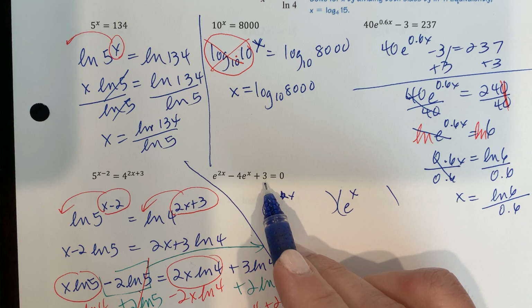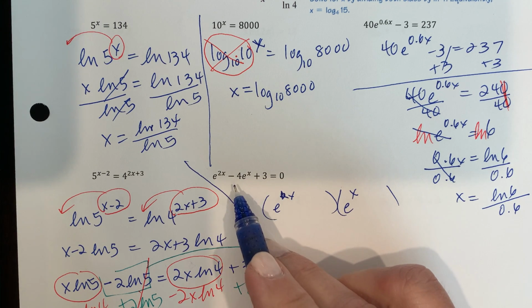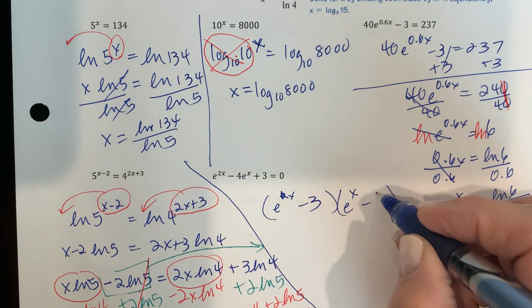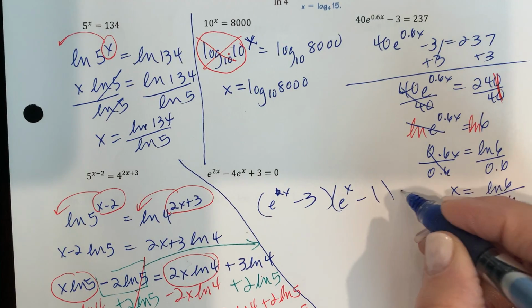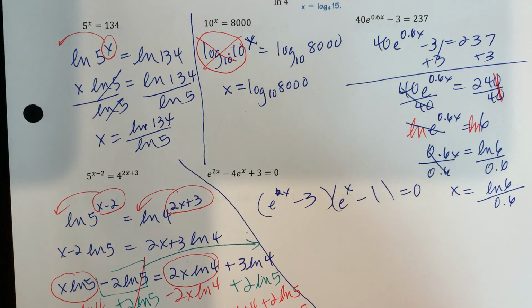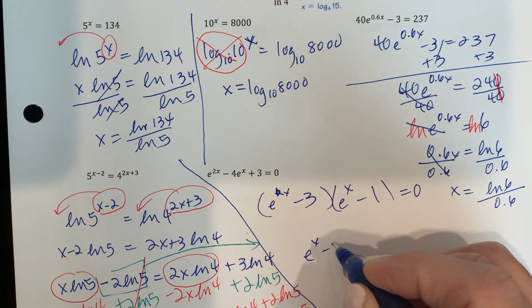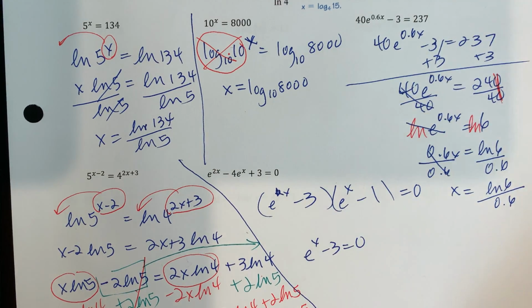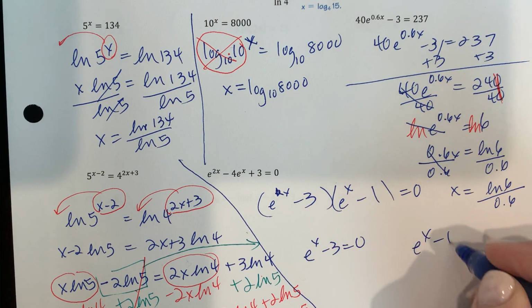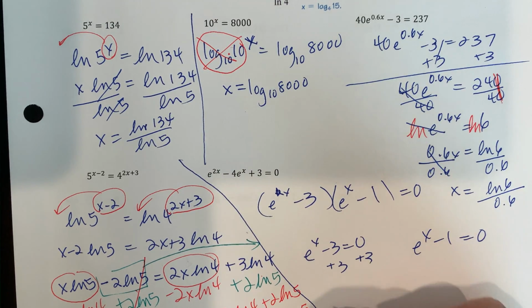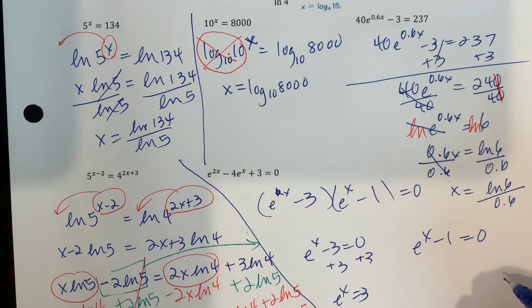How can I get a positive 3, multiplying to get a positive 3 that would add up to negative 4? Well, I could do a negative 3 times a negative 1. Then each one of these I'm going to set equal to 0. So e to the x minus 3 equals 0, e to the x minus 1 equals 0. Then I would add 3 to both sides, so I get e to the x equals 3, add 1, e to the x equals 1.